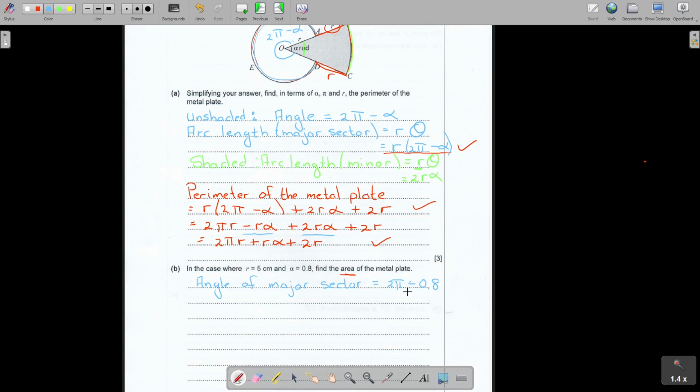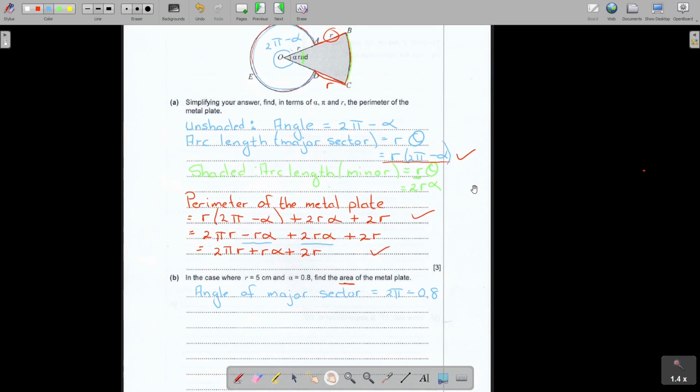Okay, now if I want to find the area, it's actually not so difficult, because area is usually, sometimes people don't struggle so much with it. So the area of the, let's start, the area, and we can again say unshaded, area of major sector, and now don't forget the formula. Look on the formula sheet, and I showed you, and it's theta.